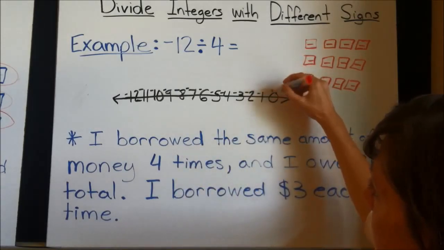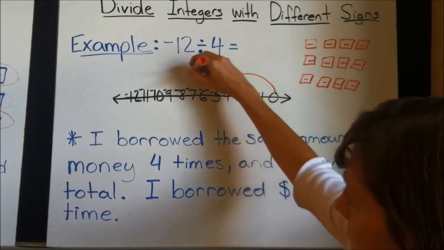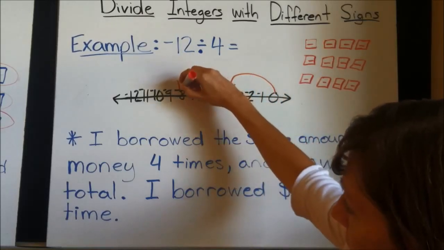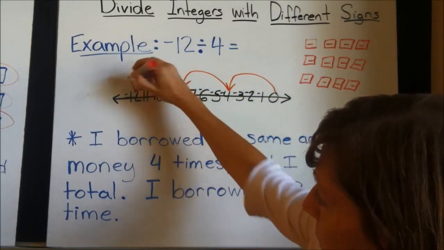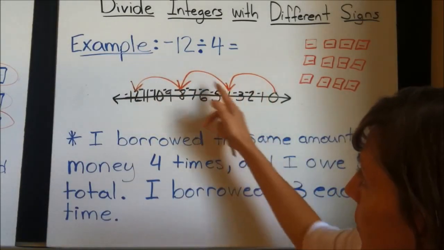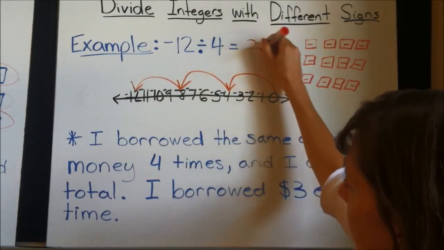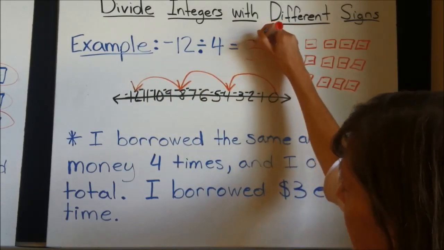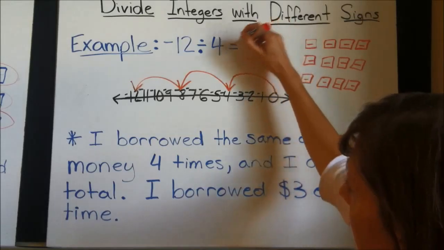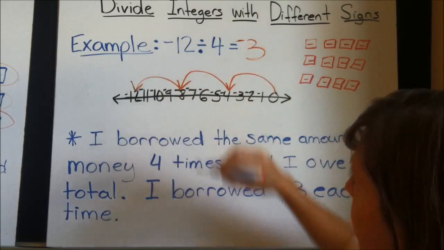So starting at 0, here's a group of 4, here's a group of 4, it's negative 4, negative 8, and negative 12. So negative 12 divided into groups of 4 gives me 3 groups. So my quotient is 3. But I moved in the negative direction, so it's going to be a negative 3.